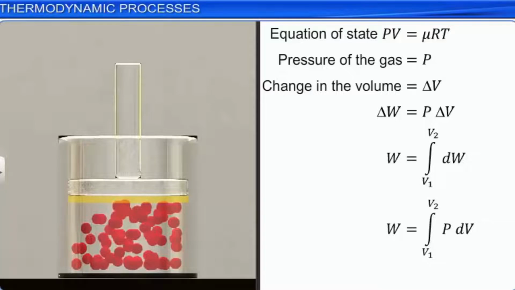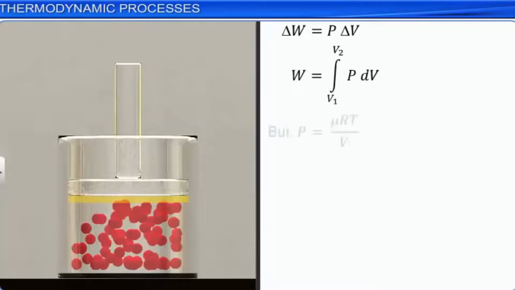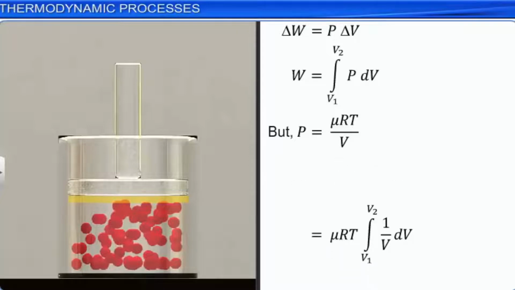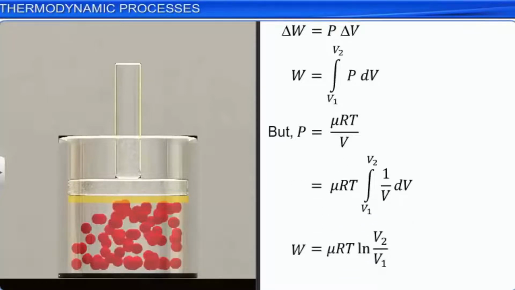But P is equal to mu RT by V. Therefore, W is equal to integral V1 to V2 mu RT by V dV, which is equal to mu RT into integral V1 to V2 1 by V dV, which is equal to mu RT ln V2 by V1. Let this be equation 1. This is an expression for the work done by a system in an isothermal process.